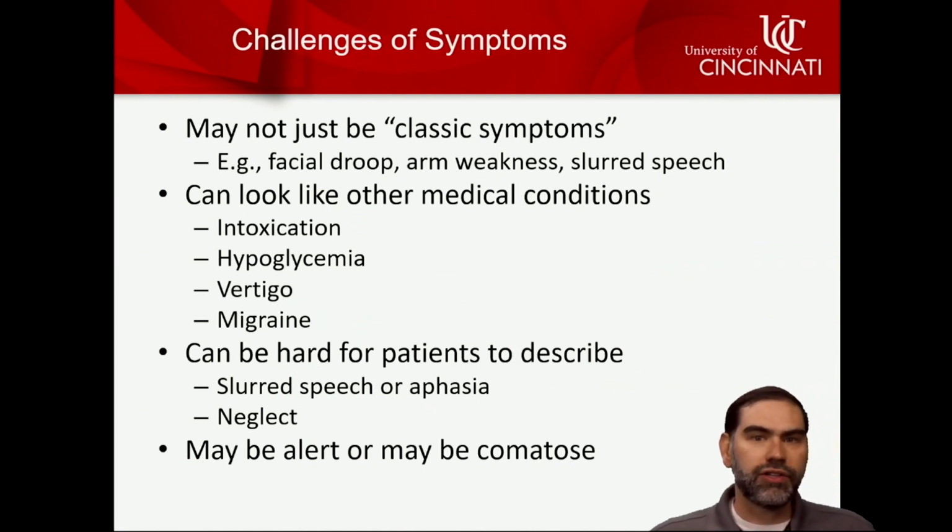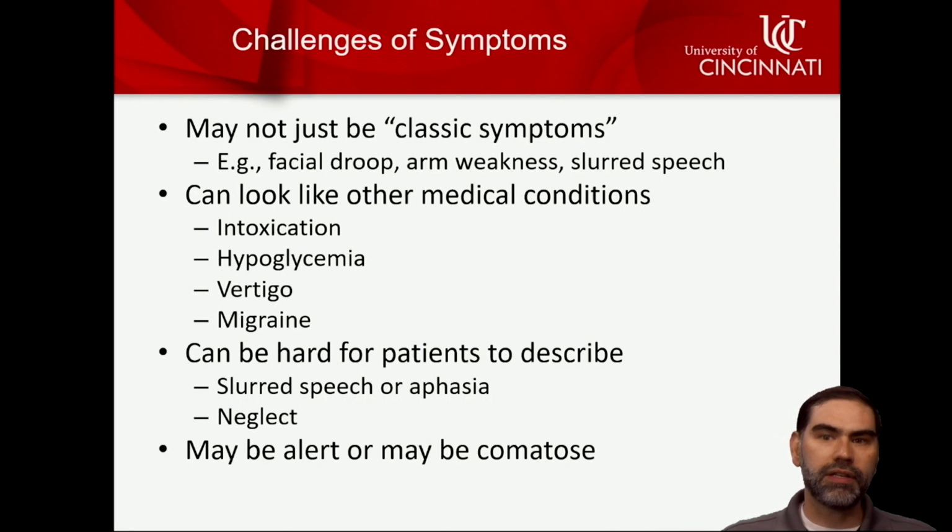And so some of the challenge here is that not only can it sometimes be challenging, especially when it's not those middle cerebral artery symptoms, but they can look like other things, especially in patients who have a high risk for intoxication. Maybe they're chronic substance abusers.